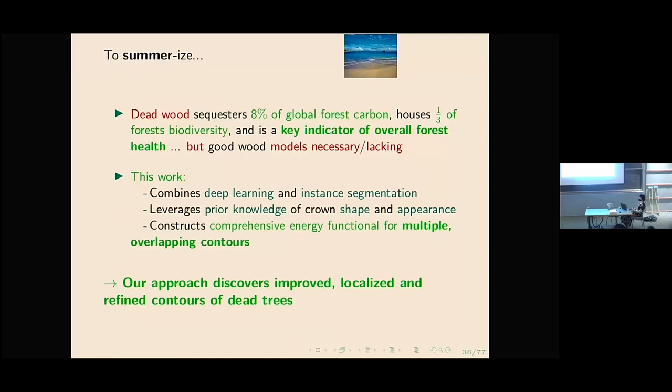Our approach combined deep learning and instance segmentation, leveraging state-of-the-art architectures like the UNet and mask RCNN to construct a comprehensive energy functional enriched with shape prior information. And the energy drives evolution of dead tree contours and is able to better delineate the tree crowns compared to just using mask RCNN. Yay.